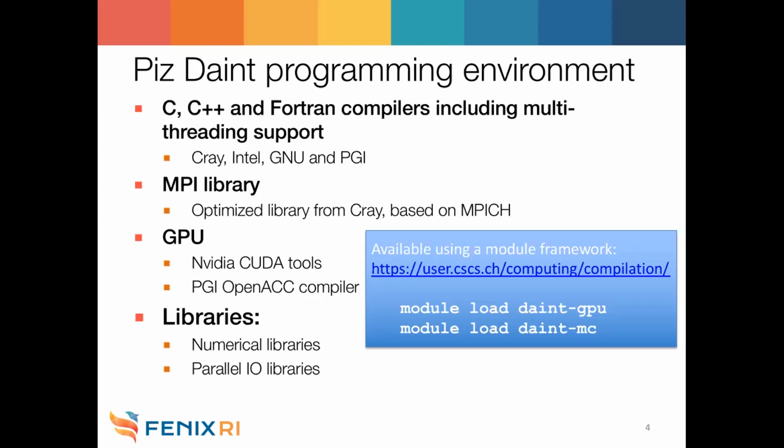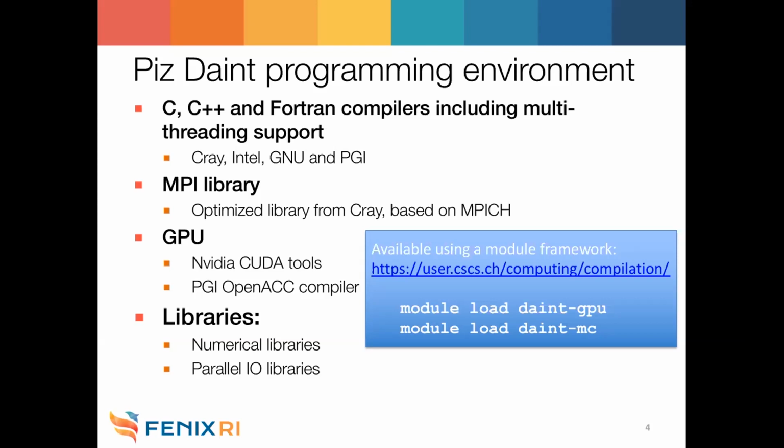The MPI library has a standard MPICH interface, like a standard MPI library interface. However, it is optimized for the Cray proprietary networking environment. This optimization is usually transparent to most users, but there are options in case someone wants to tune and optimize applications further.